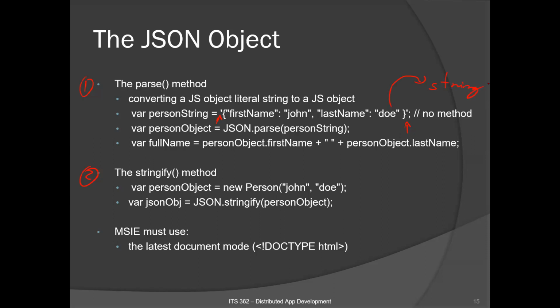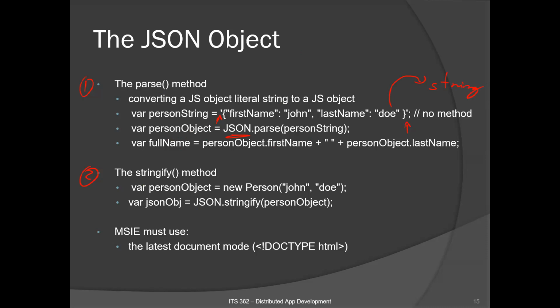So the parse will, now obviously whatever is inside that string has to be in JSON format. Otherwise, parse will not work. So the way that this would go is that you call JSON, call the method parse, provide the variable string, and then it'll convert it from string to object.